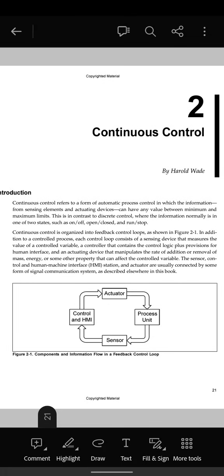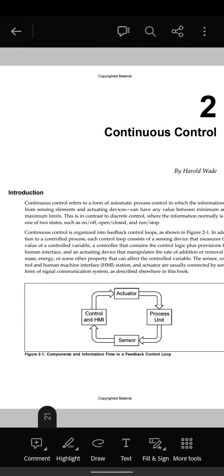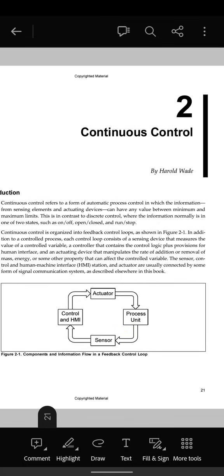Continuous control is organized into feedback control loops as shown in Figure 2.1. In addition to the controlled process, each control loop consists of a sensing device that measures the value of the control variable, a controller that contains the control logic plus provisions for human interface, and an actuating device that manipulates the rate of addition or removal of mass, energy, or some other property that can affect the control variable.